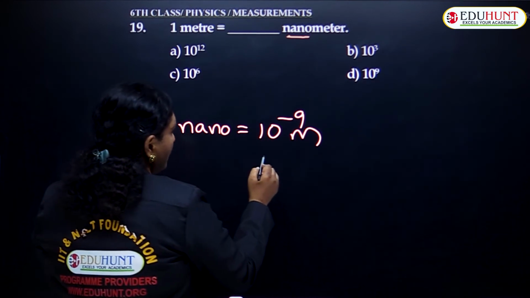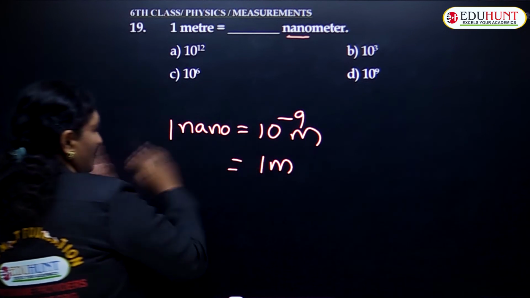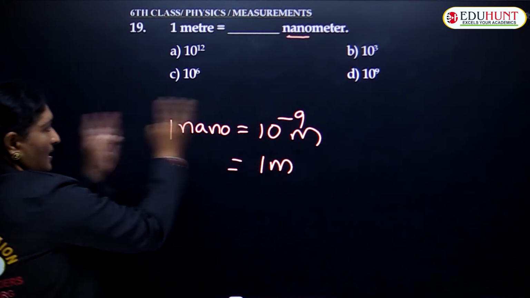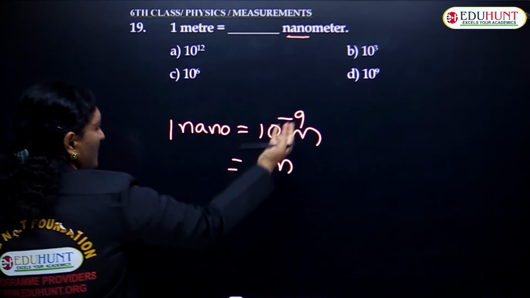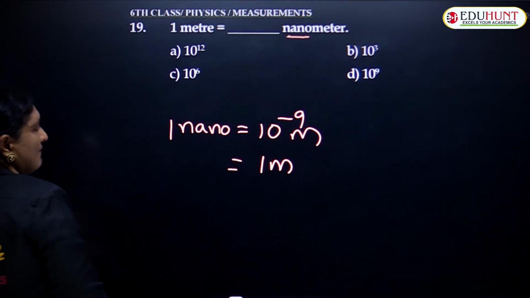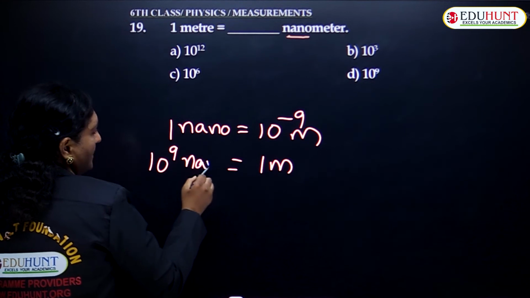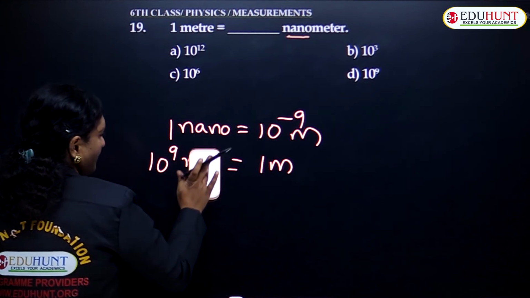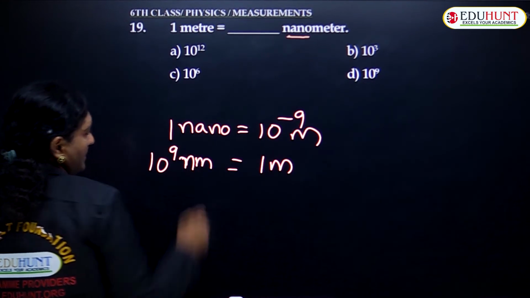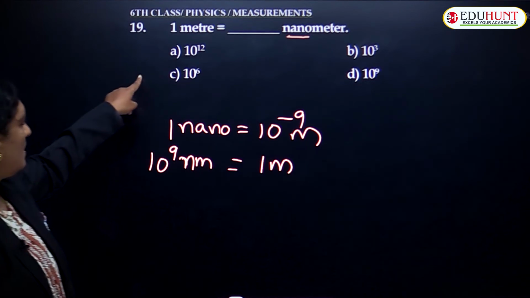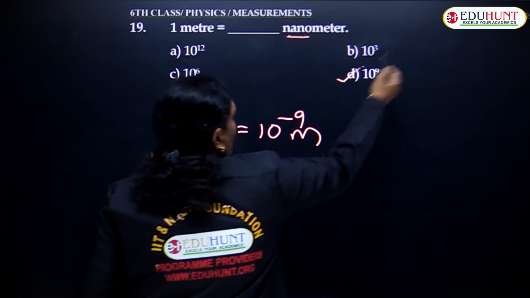If I want 1 meter in terms of nanometers, this minus 9 should be brought to the other side. Here it is minus 9; if it is brought to the left side, it will become 10 power plus 9 nanometers. So the answer is option number D.